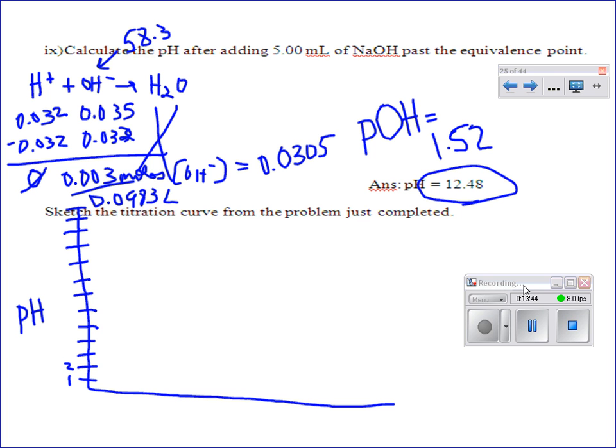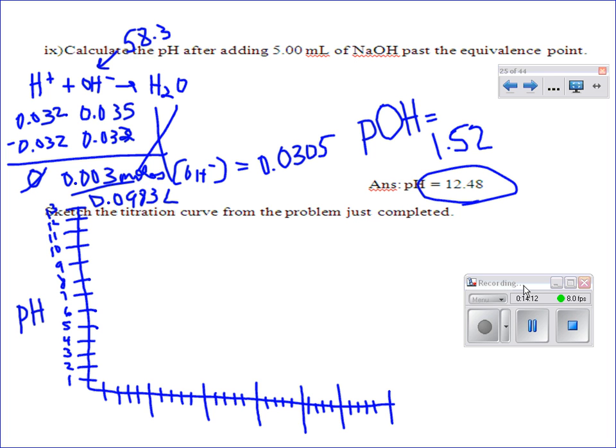Then for mL of base, we got up to about 55, so I'm going to do 2s, up to 60. These are mL of base.